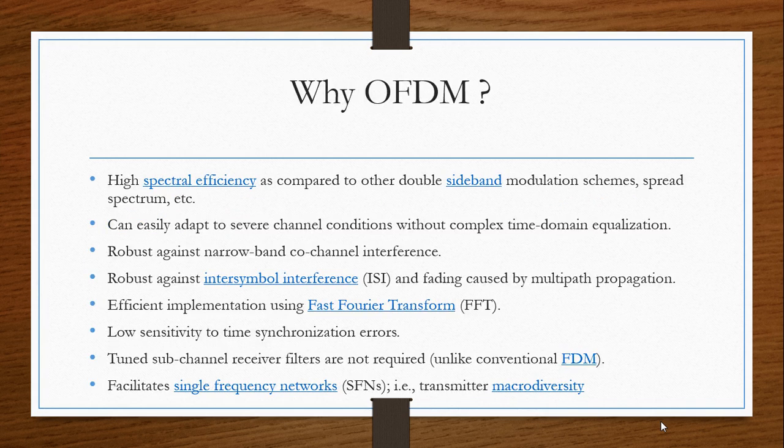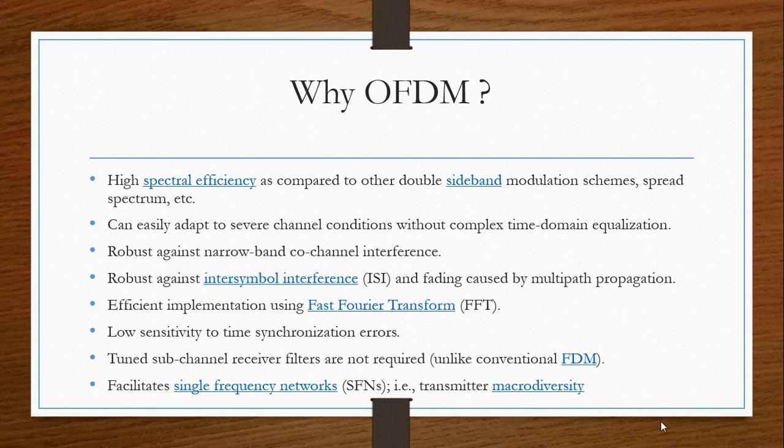I have just talked about the advantages. If I have to summarize them, it will be: high spectral efficiency as compared to other double sideband modulation schemes, spread spectrum. Then it can easily adapt to severe channel conditions without complex time domain equalization, robust against narrowband co-channel interference, robust against intersymbol interference and fading caused by multipath propagation, efficient implementation using fast Fourier transform.